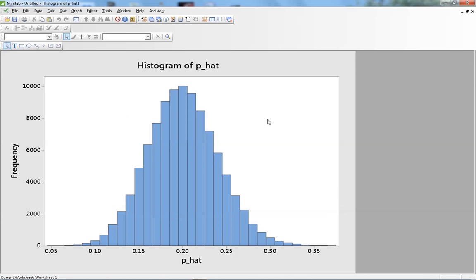From this graph, notice that the mean of the sample proportions is near 0.20. The descriptive statistics will help approximate the standard error of the proportion, or the standard deviation of all possible p hat values. Now Minitab can calculate those for us.